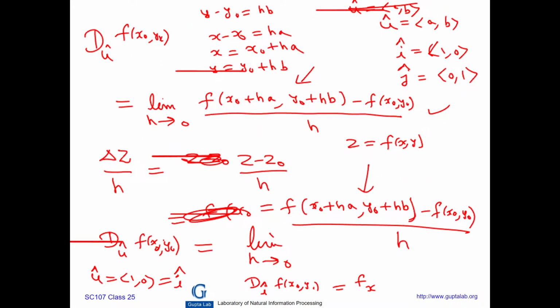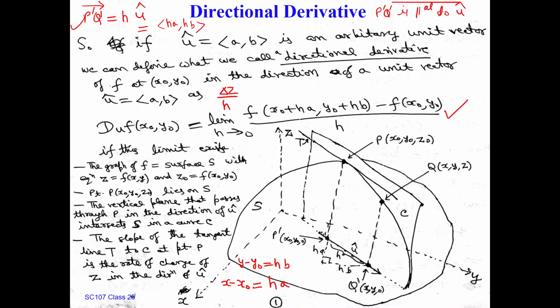The directional derivative of f at the point x naught, y naught in the direction of u is this formula: limit h tends to 0, f of (x naught plus ha, y naught plus hb) minus f of (x naught, y naught), divided by h. Okay, and this can be simplified. I think we have given a simplification here.